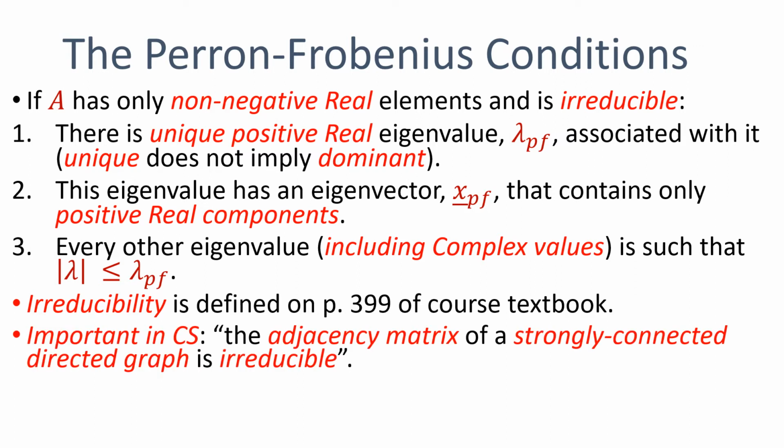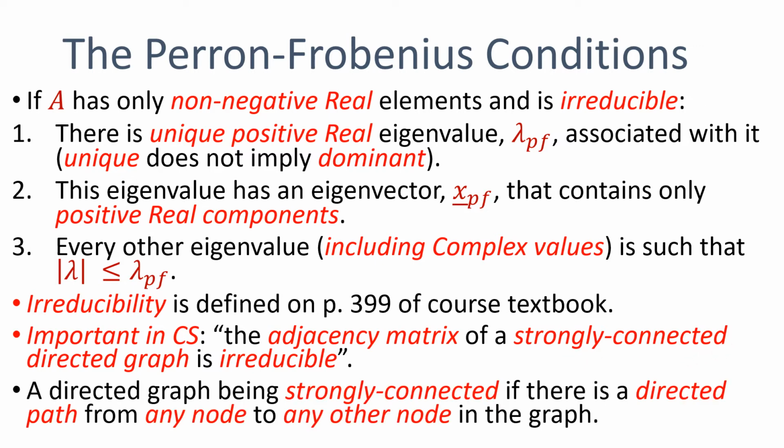However, the important computer science case is if we look at the adjacency matrix of a graph which is strongly connected, then that matrix is irreducible. What do I mean by strongly connected? A directed graph is strongly connected if from any node in that graph we can follow a path of links to any other node in the graph.